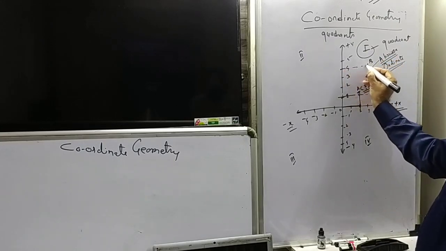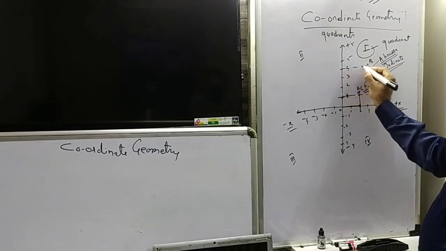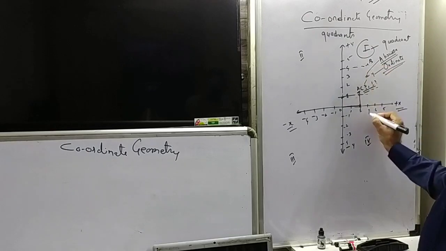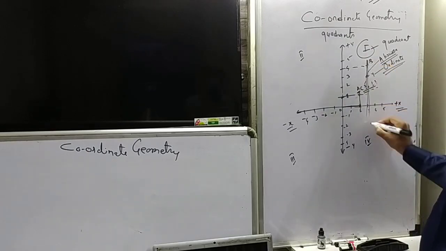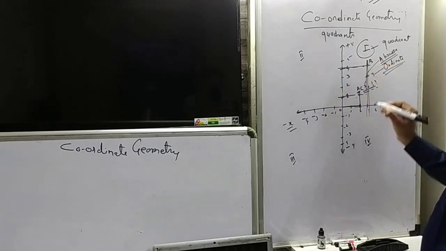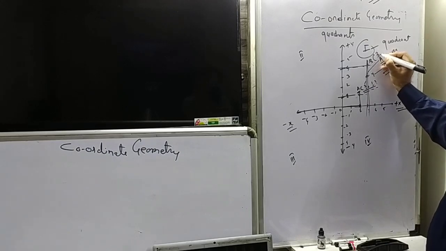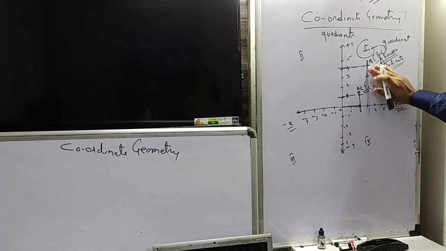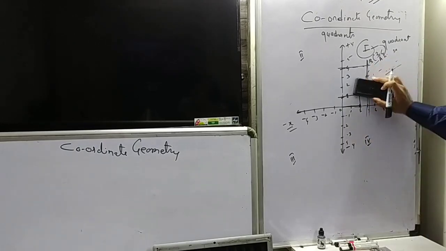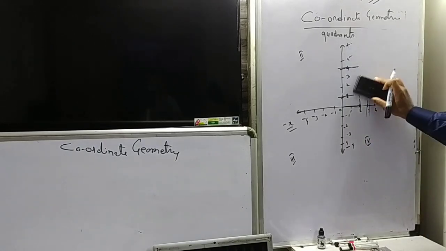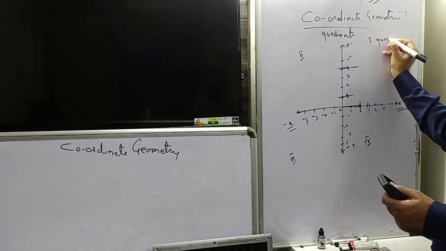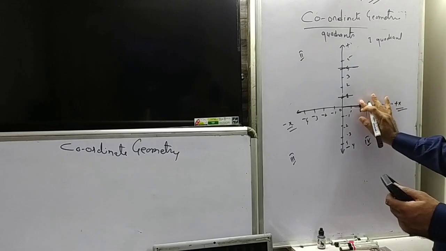Suppose another point, B. For B, we have to move three places on the x-axis and four places on the y-axis, so it represents (3, 4). This B is (3, 4). Now I am removing all this. This is the first quadrant. What have we done?